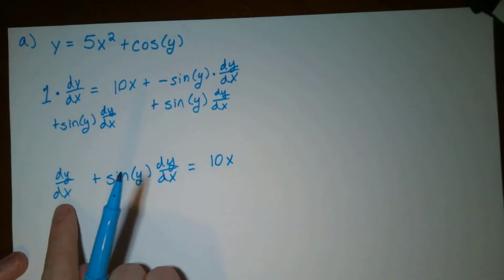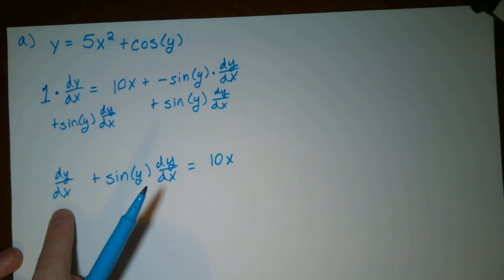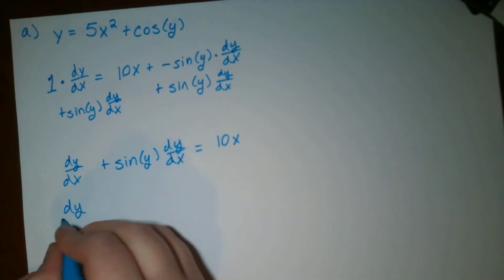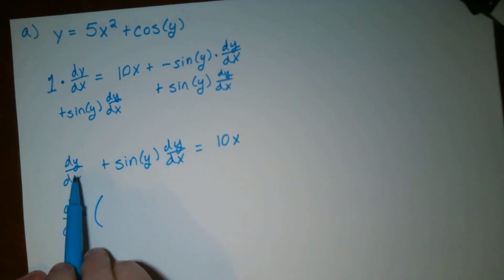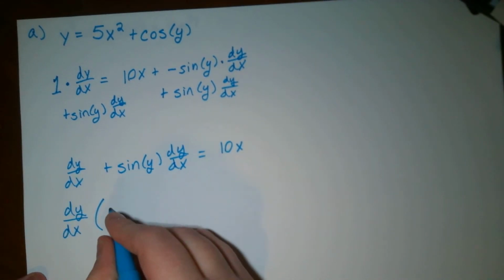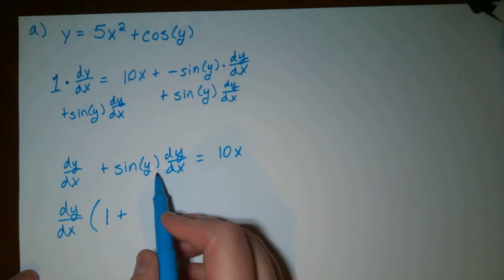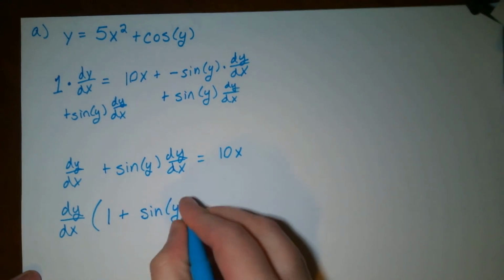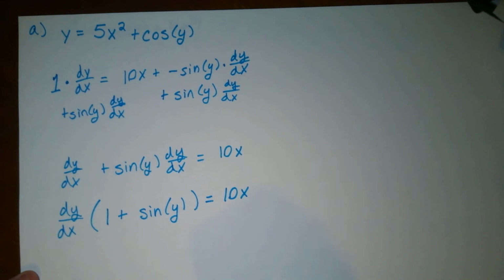Now, since I have a dy here and a dy in this term, I can factor it out. So I'm going to have dy over dx times, well, if I divide dy over dx by itself, I'm left with 1. If I divide sine of y dy over dx by dy over dx, I'm left with sine of y. So 1 plus sine of y equals 10x.